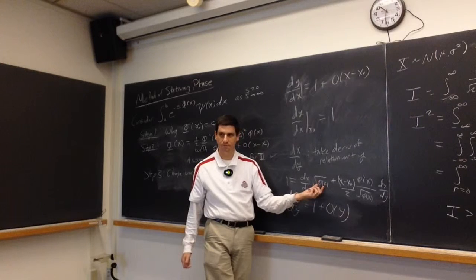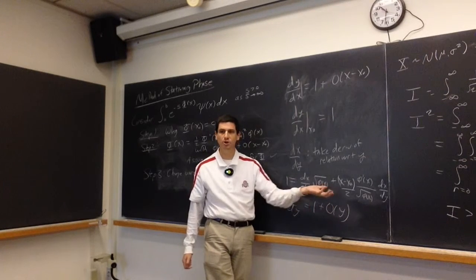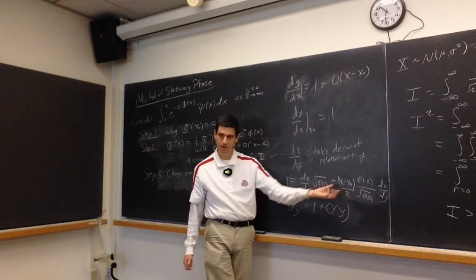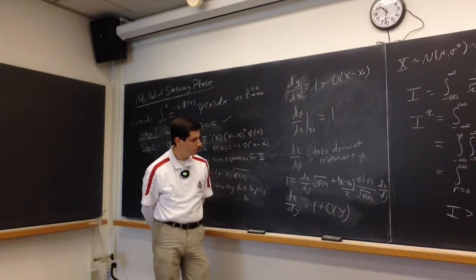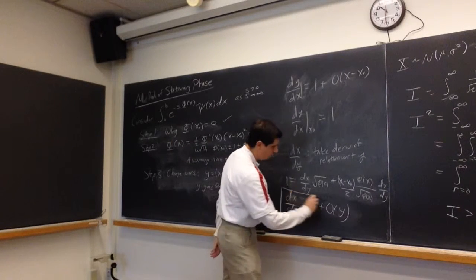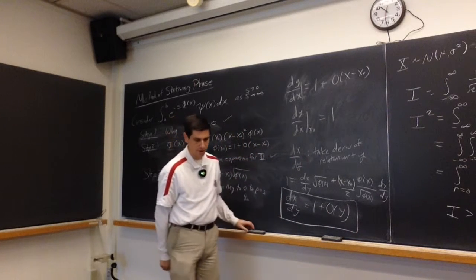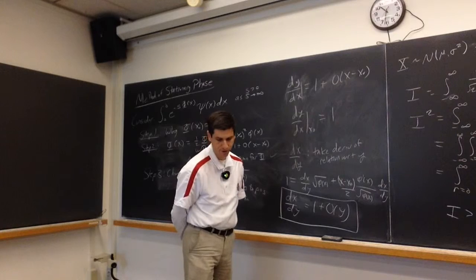That's very close to 1. It differs by something of size big O of y, big O of x, they're all the same. When you go through the algebra, dx/dy is of size 1 plus big O of y. And so this is the relationship we want to use as we're doing the change of variables. Okay, any questions over here?